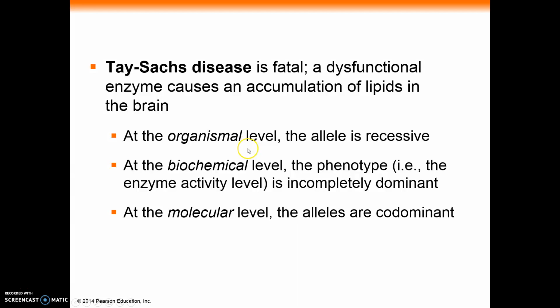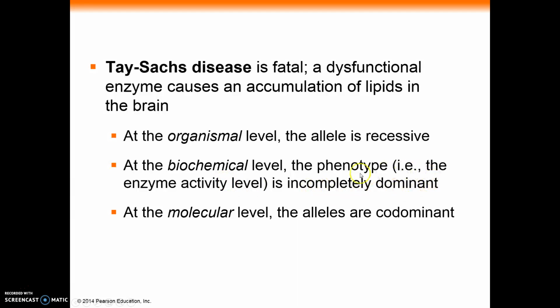However, if you take a look at the heterozygote and you look down at the biochemical level, you will recognize that the actual phenotype, which in this case is the enzyme activity level, not whether or not you have a disease, is different. Here at the biochemical level, we're simply talking about enzyme activity level.